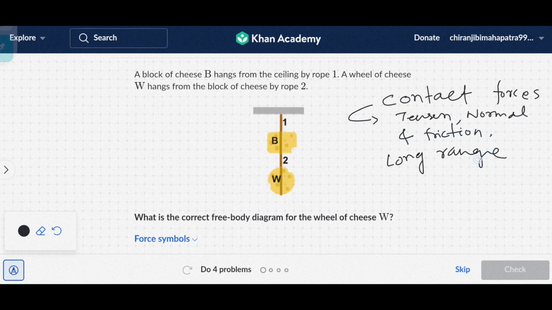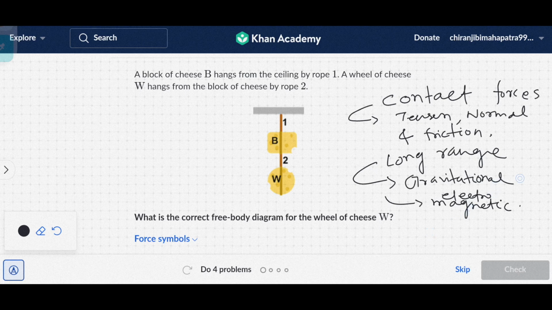But what are long range forces? Gravitational, magnetic, and electromagnetic. But here we will mostly deal with gravitational and these three types of contact forces. Gravity is a long range force. So that's it, you remember it and you understand.